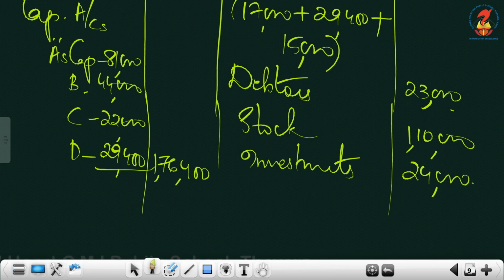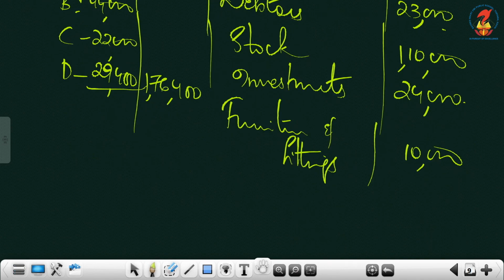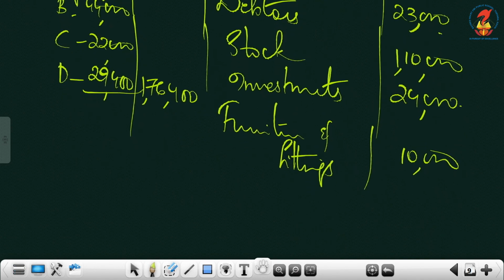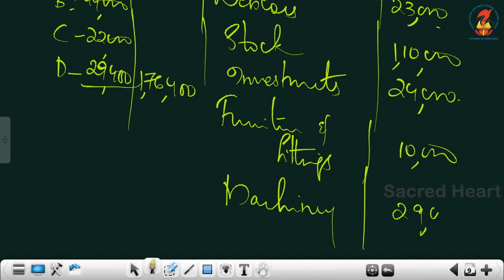Then furniture and fittings, no change, 10,000. And machinery, yes, there is a change in machinery's value. It got reduced. That means that's the actual value. Take actual values in the balance sheet always.